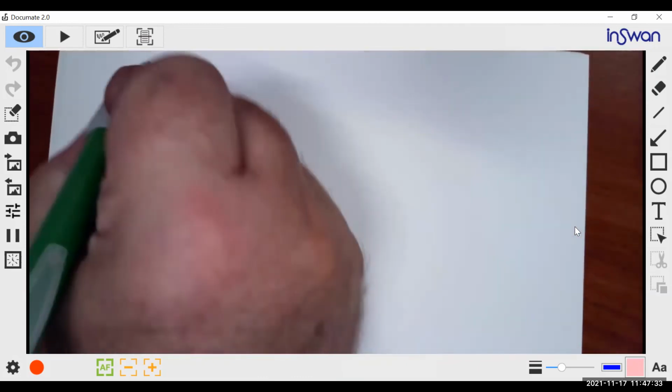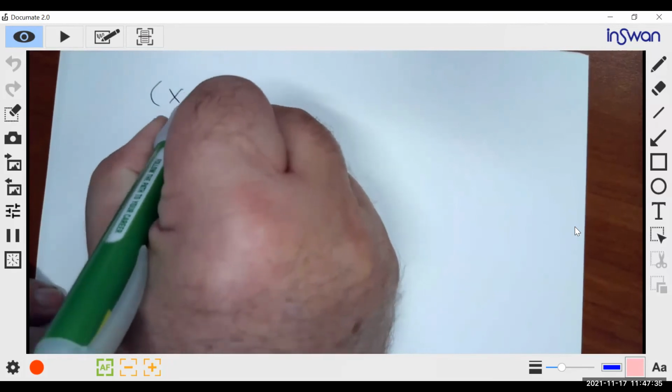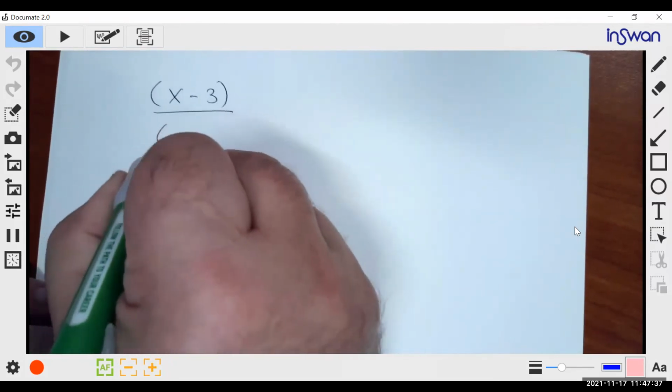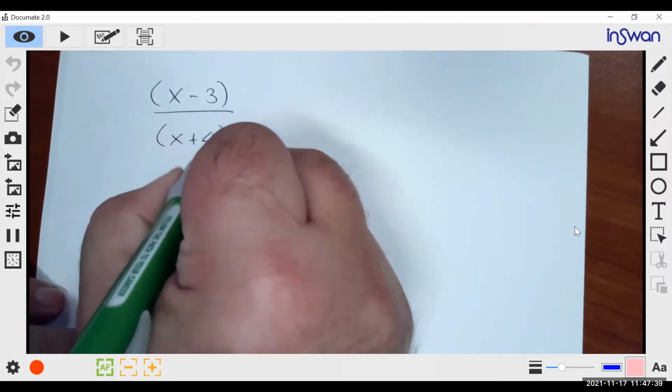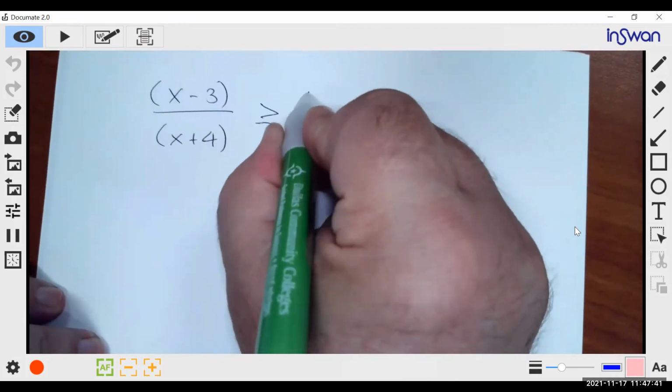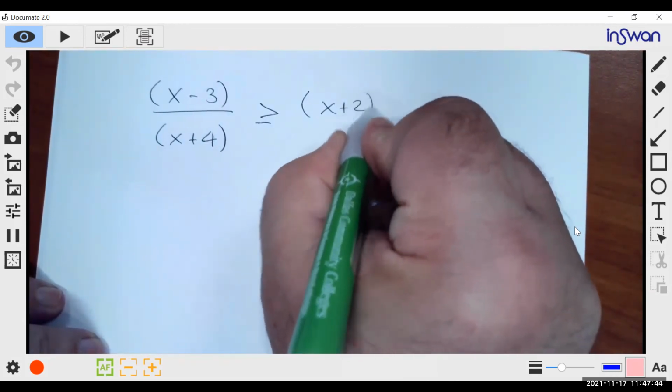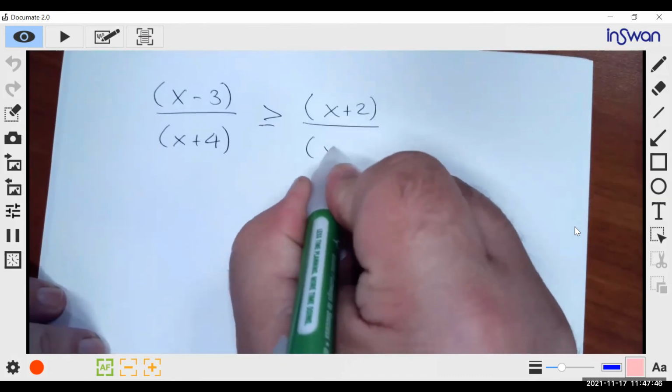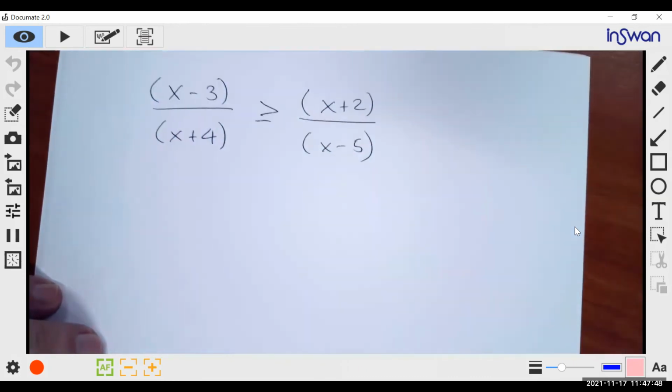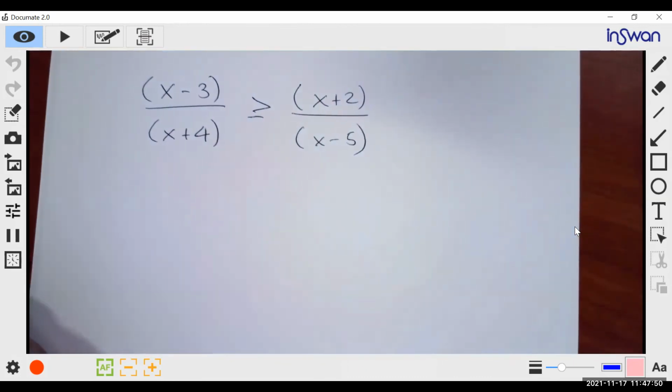And the last one we're going to do: x minus 3 over x plus 4, greater than or equal to x plus 2 over x minus 5. Again, we have to have a 0 on one side.